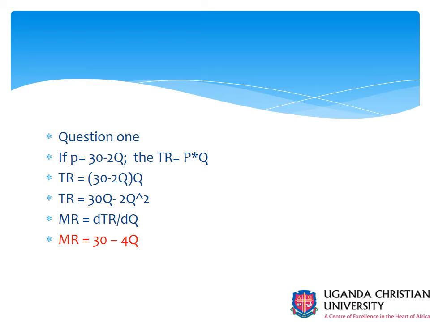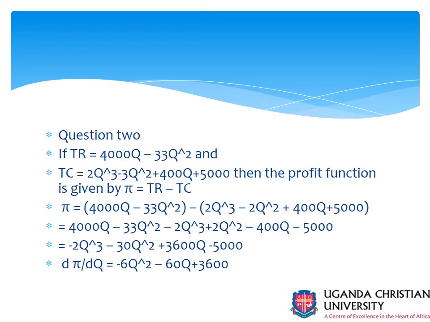Question 2. Now looking at question 2, it requires us to find an output at which this firm maximizes profits. At what output level does a firm maximize profits given its total revenue function and total cost function below? So what do we do?